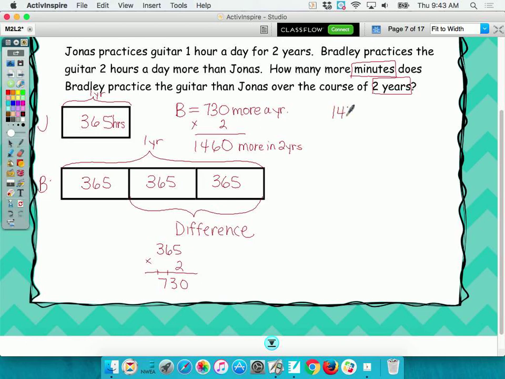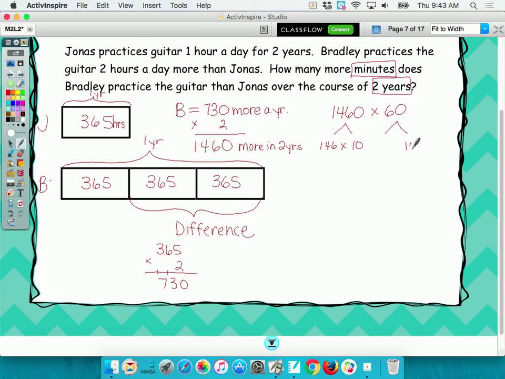Now let's do that strategy we practiced today, just for the fun of it. Break these apart. So if I factor out a 10 here, what does that leave me? 146.